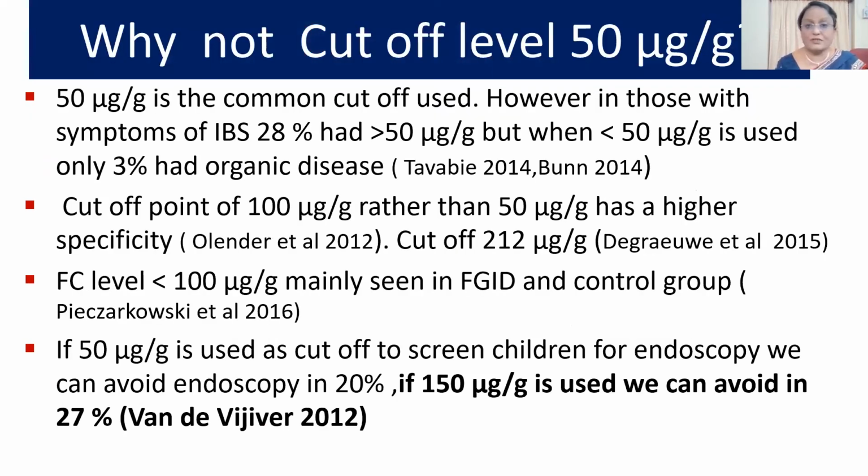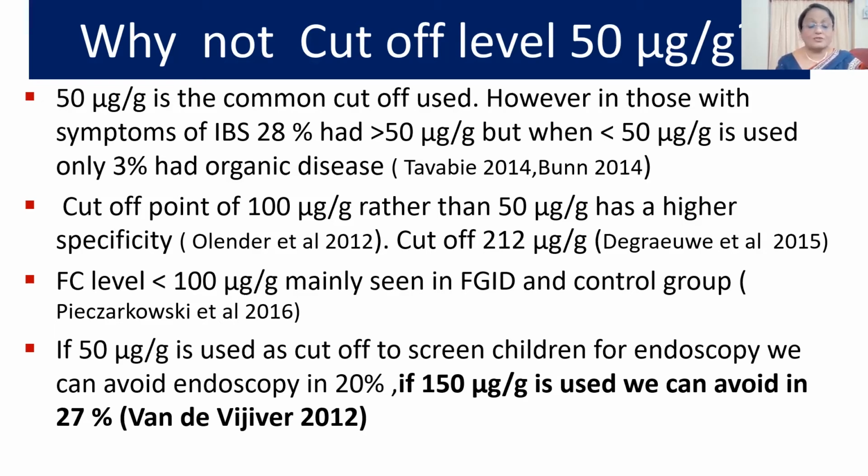So why should this cutoff level of 50 microgram per gram not be used? This is the most important question. Though we use it commonly, even for adults, this was used as the cutoff because most IBDs have more than 50. However, in a pediatric study, when there were symptoms of IBS, 28% had more than 50 microgram per gram. In those with organic disease, only 3% had less than 50.